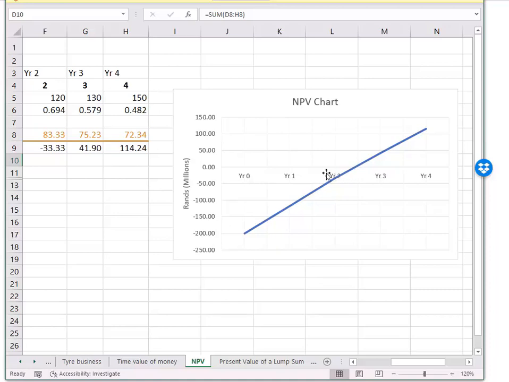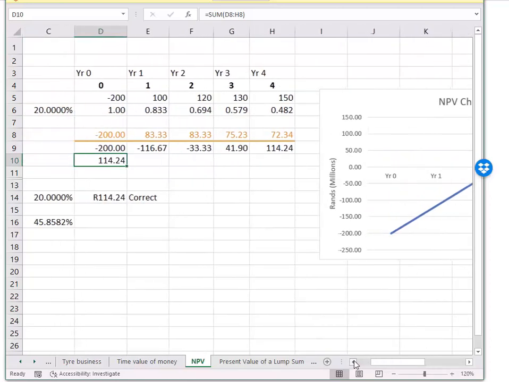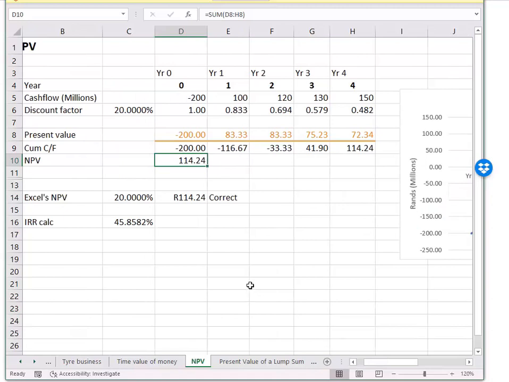So because this line has got above the horizontal, therefore it's a good result. We've earned more cash flow in the future than what we paid out today to get the project underway, and that represents a good return on investment.